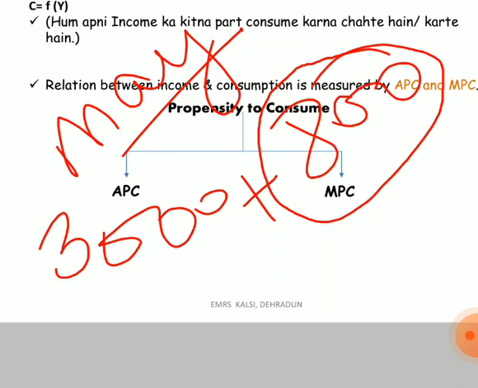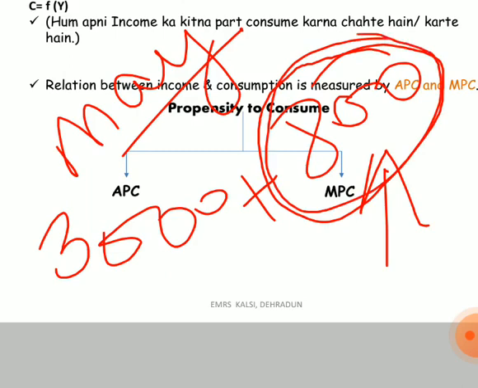This additional income will be used to calculate MPC, because MPC means marginal propensity to consume, and that word marginal means additional. You might have studied in 11th class marginal cost and marginal utility. So this additional amount will be used in calculating MPC, or MPS.